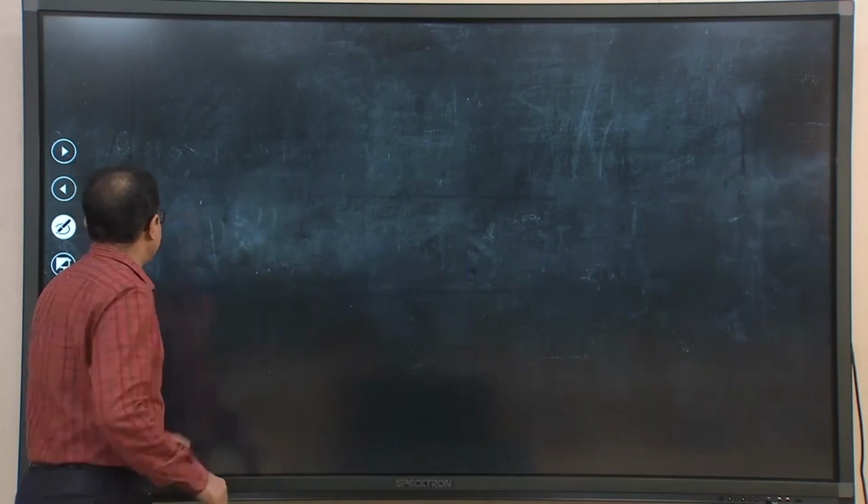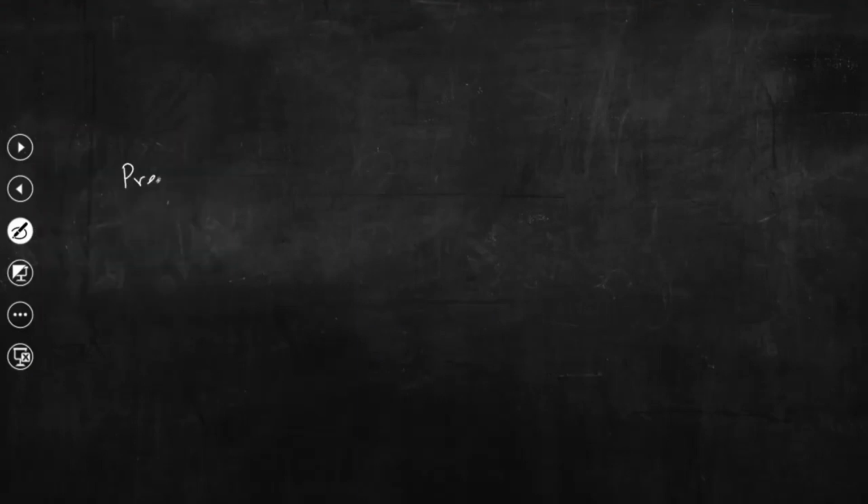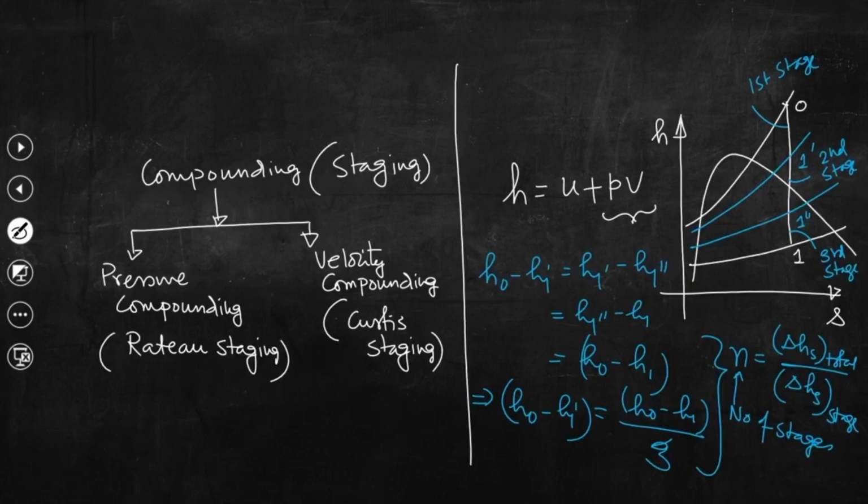So, for pressure compounding, you can understand we are splitting the total enthalpy drop equally among a few stages.